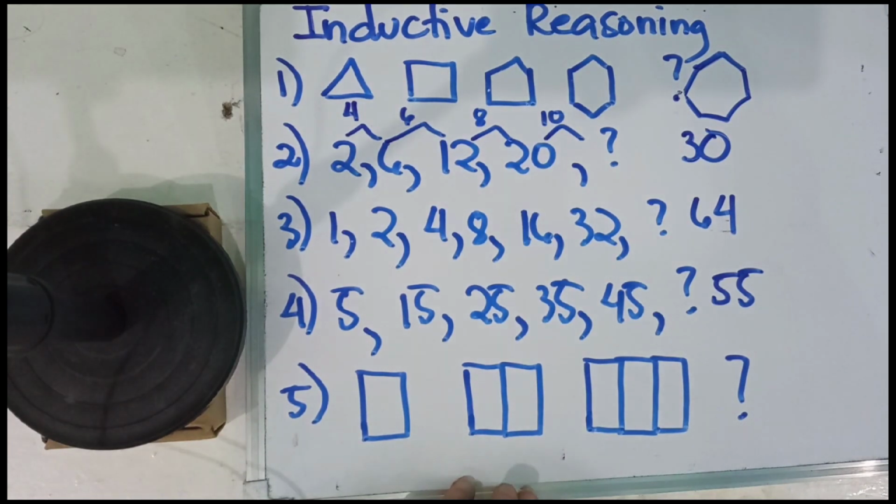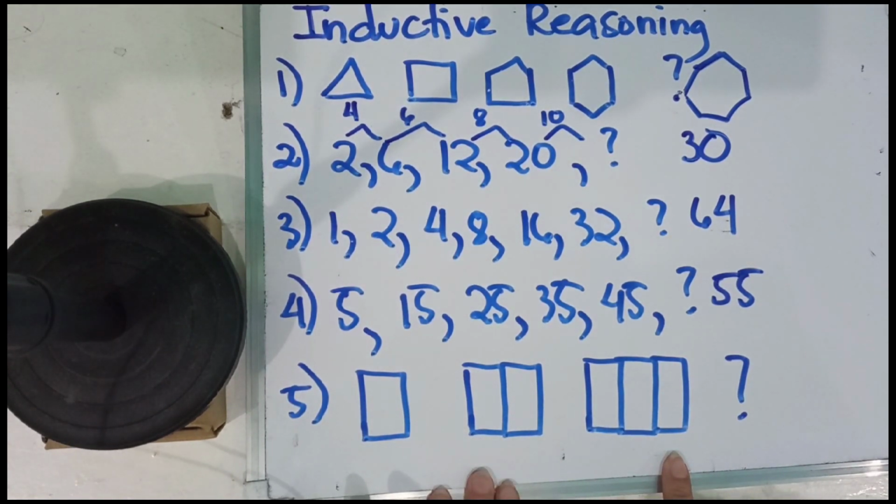Number 5. We are given shapes again. So here, that's a rectangle or a certain quadrilateral. Here, there are already 2 adjacent rectangles, or 2 rectangles placed side by side. The third figure now shows 3.